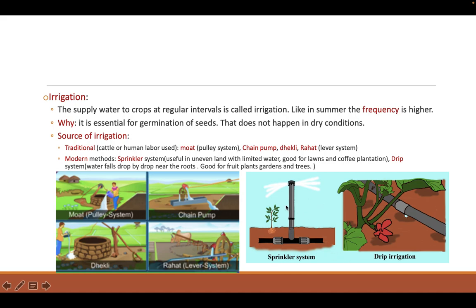This shows an image of a sprinkler system where a single pipe and a bunch of vertical pipes would be there, where the nozzle would be there, which is going to rotate and sprinkle over the whole field. This helps spread out over the whole field, and limited water can be used. Water could be saved very well by using these modern systems.